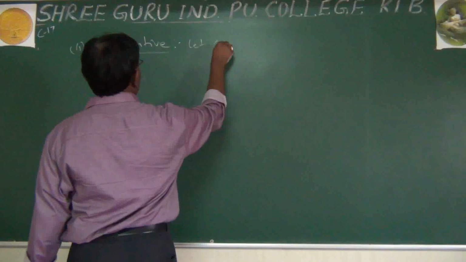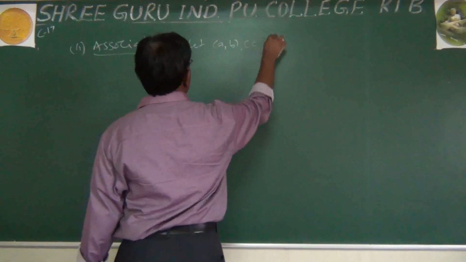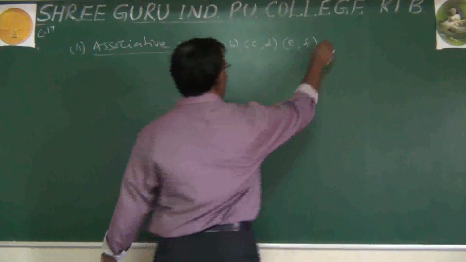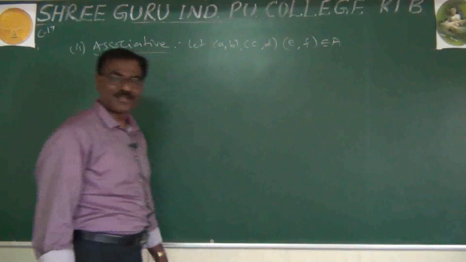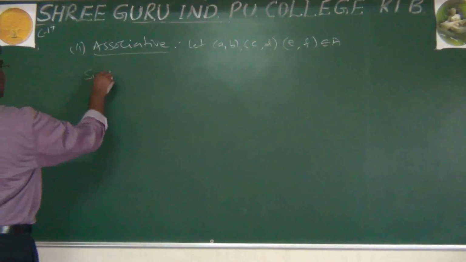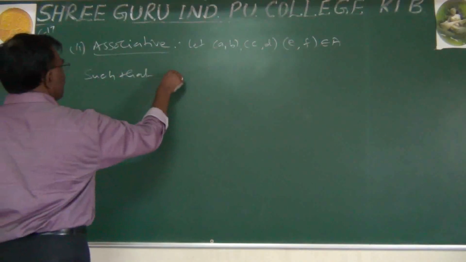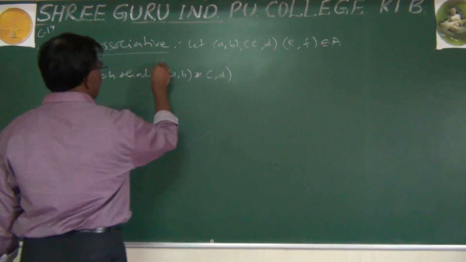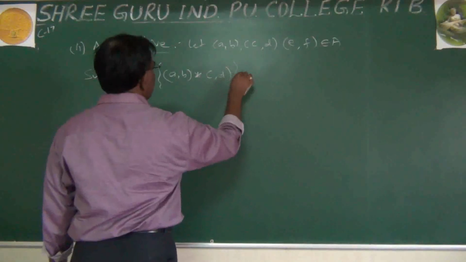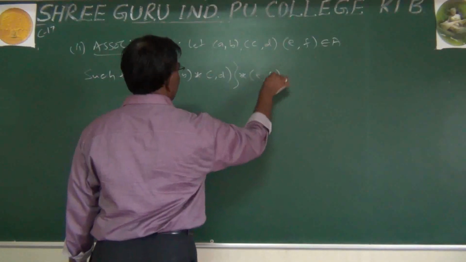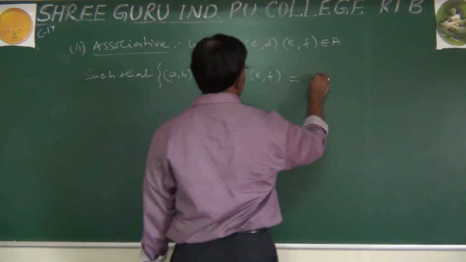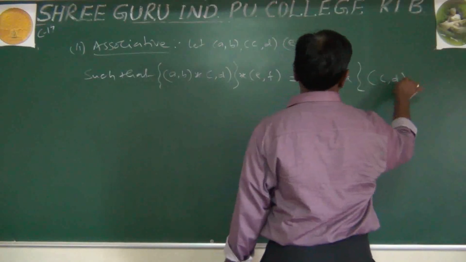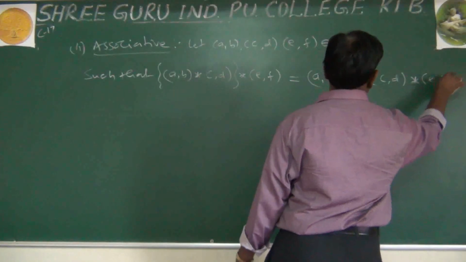Let (A, B), (C, D) and (E, F) belong to the set, such that ((A, B) star (C, D)) star (E, F) equals (A, B) star ((C, D) star (E, F)).